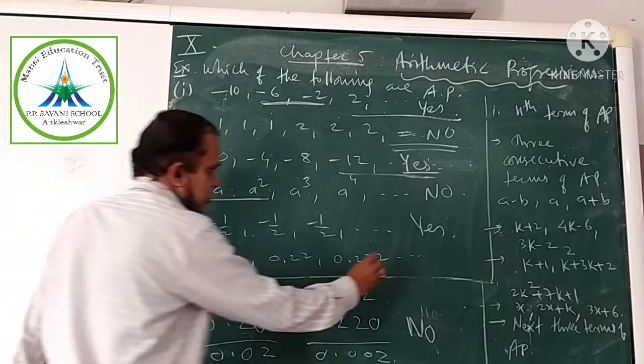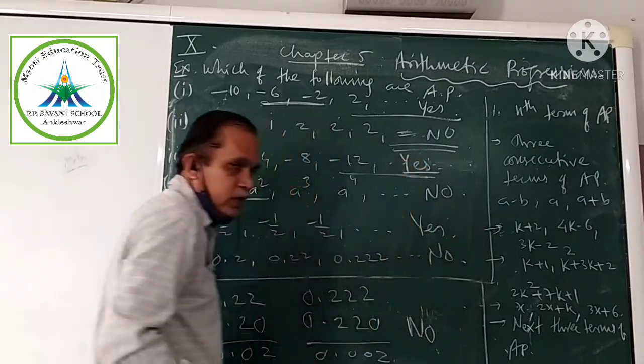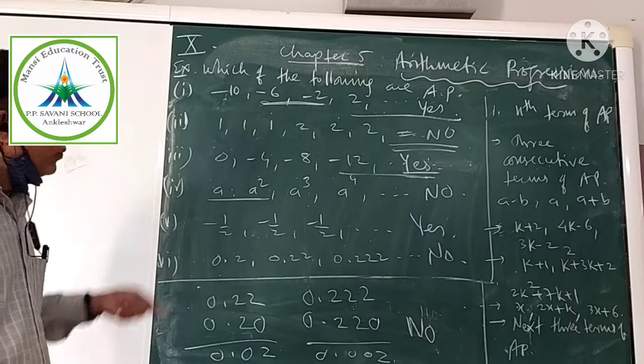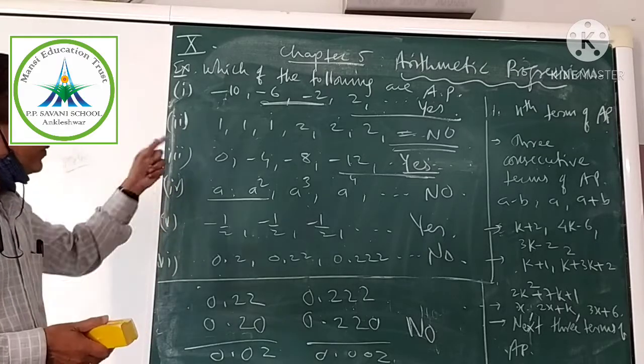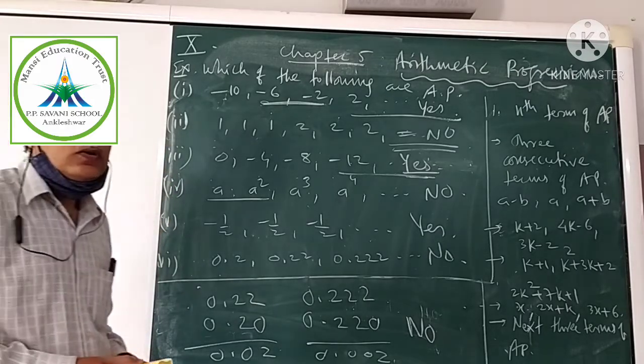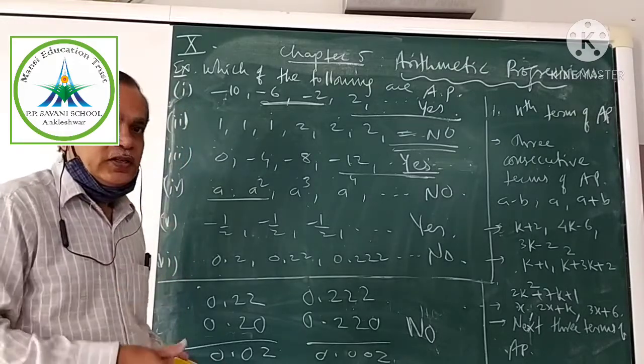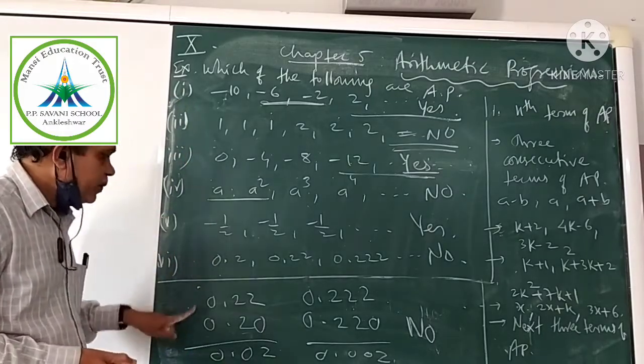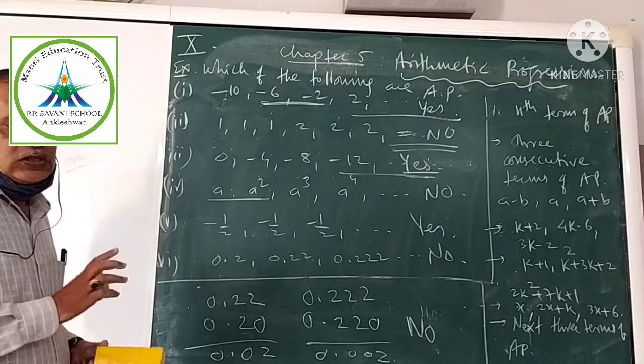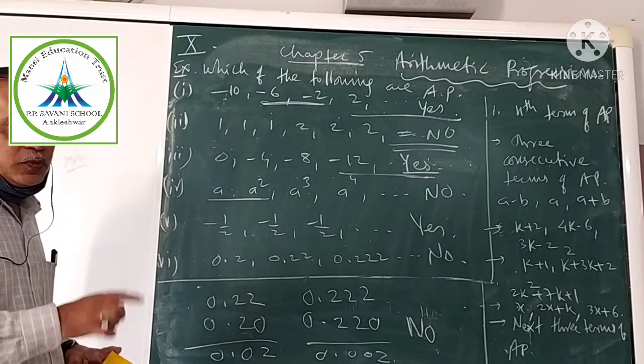Therefore this is not an AP. Clear? I hope you understood. If you are given some sequences and asked whether they are examples of an AP or not, practically we need to confirm for ourselves. Sometimes in great hurry we also make mistakes.